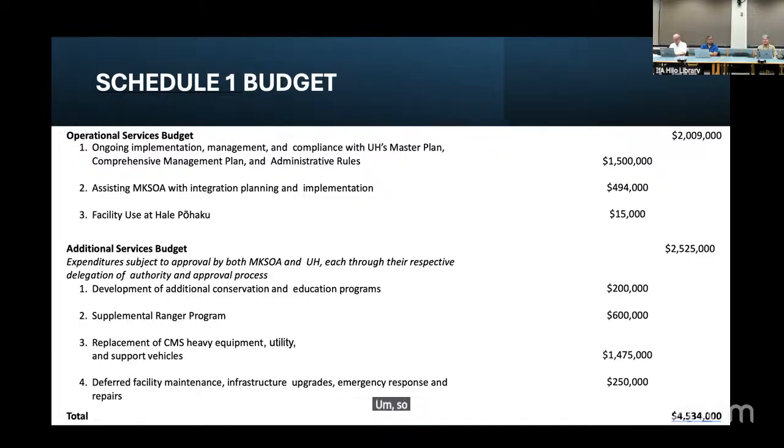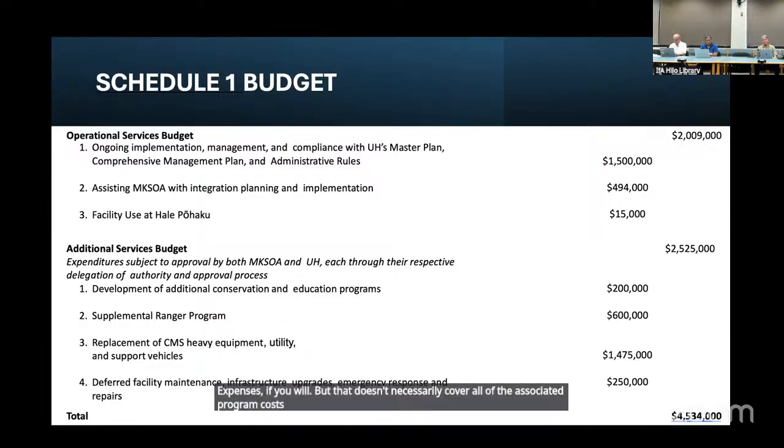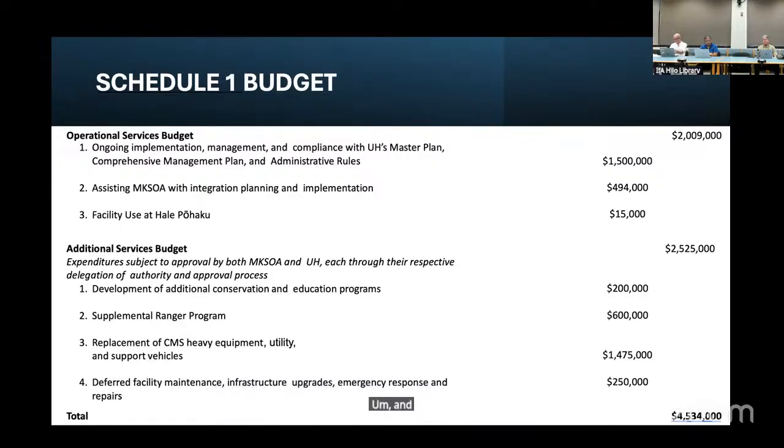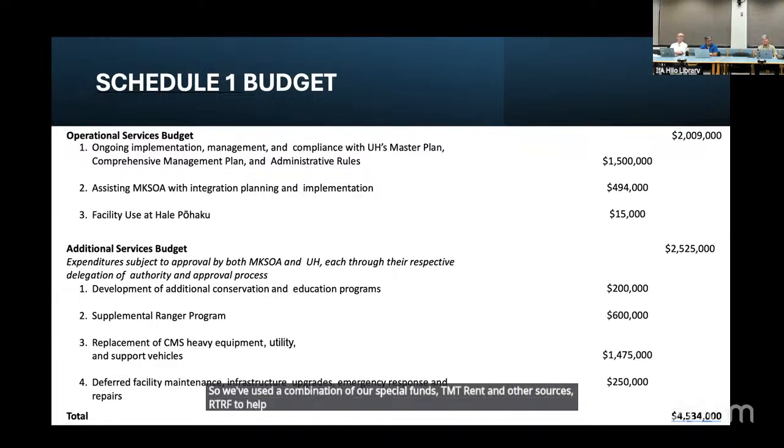So that's the base funding for those expenses, if you will. But that doesn't necessarily cover all of the associated program costs. Justin has a team of 3 people, and they're hired through RC Wage. So we've used a combination of our special funds, TMT rent and other sources, RTRF, to help pay for those kinds of things, as well as the Rangers.